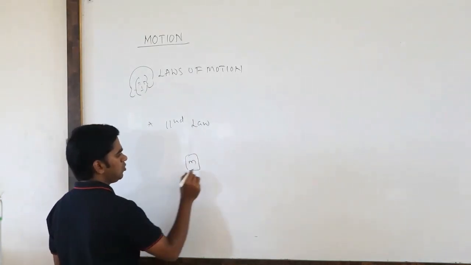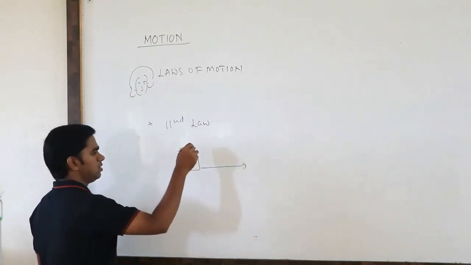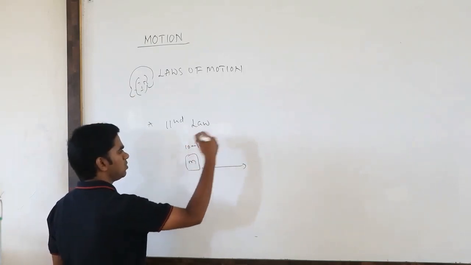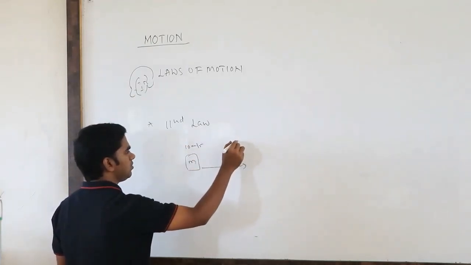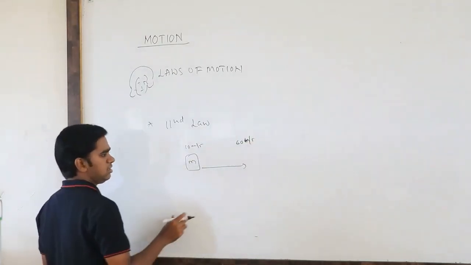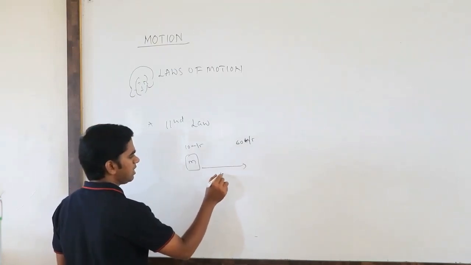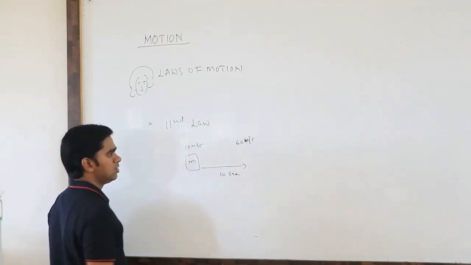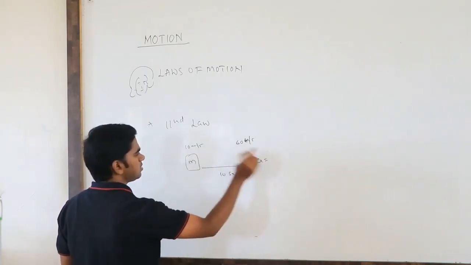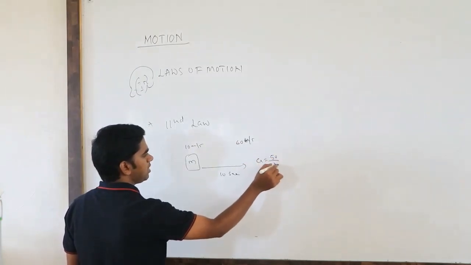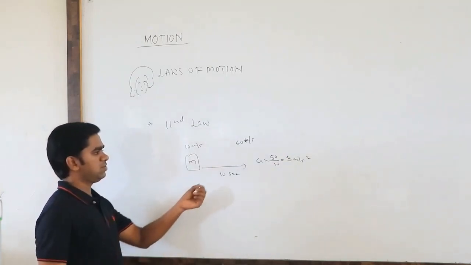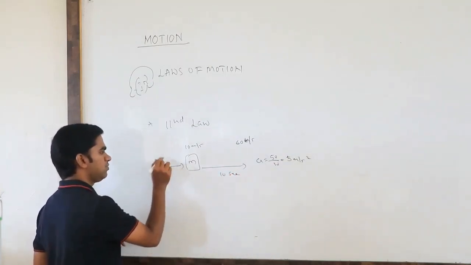You want to increase the velocity from 10 meter per second suddenly to say 60 meter per second, in a very short time, only 10 seconds. So what is the acceleration? It is 60 minus 10, that is 50, divided by 10, that is 5 meter per second square.